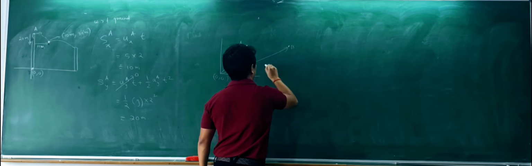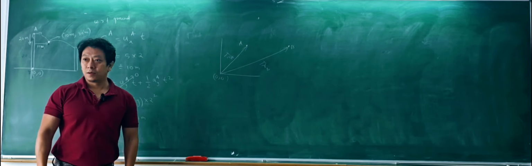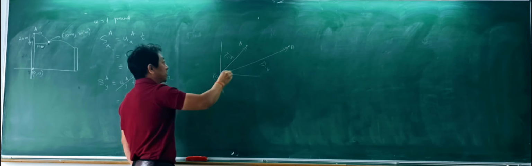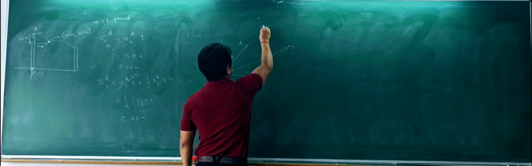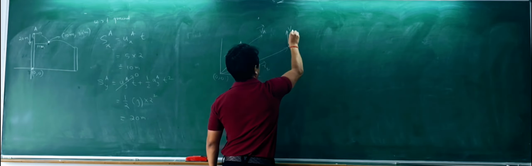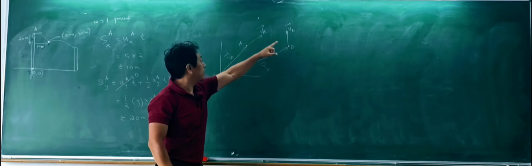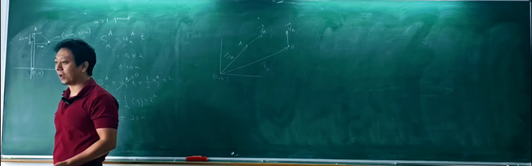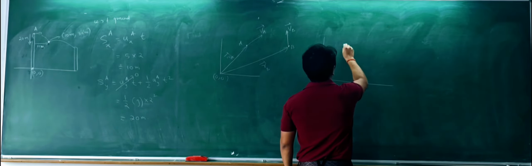This is the position vector of the second particle. Now they have some velocities. I don't know where the velocities are, so randomly let me write V_A vector, V_B vector. The question is, what should be the relation between these vectors so that they collide?